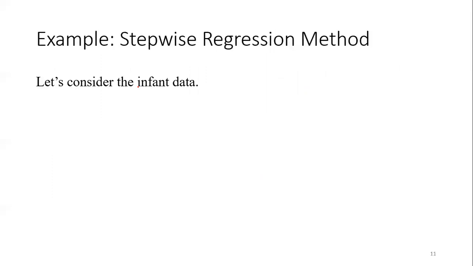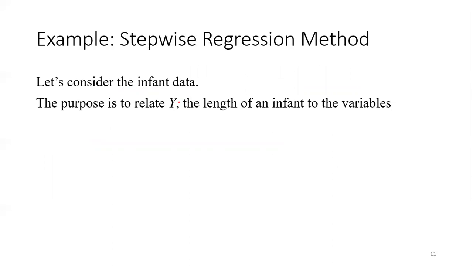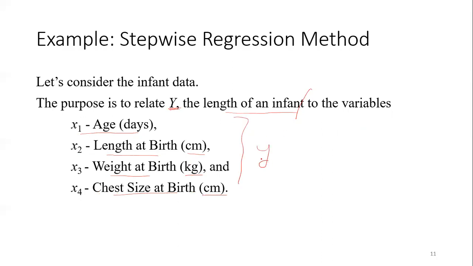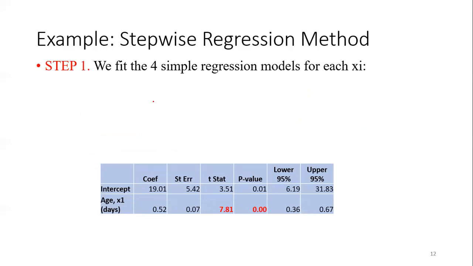We will apply this stepwise regression procedure on our infant data. Remember, we have the dependent variable y, which is the length of an infant, and we search whether y depends on the age in days, length at birth in centimeters, weight at birth in kilograms, and chest size at birth in centimeters.